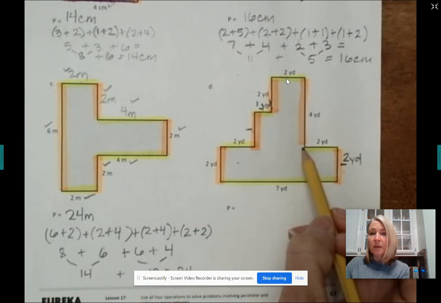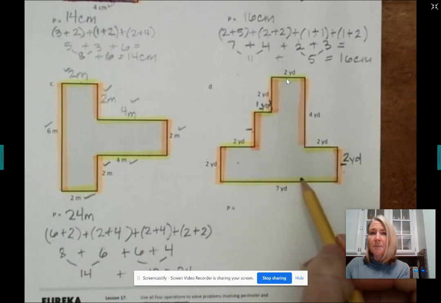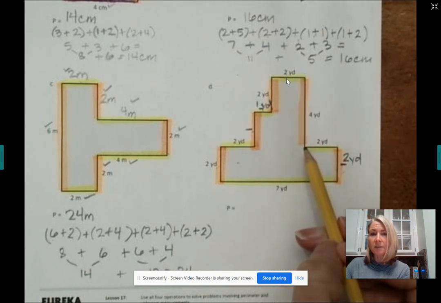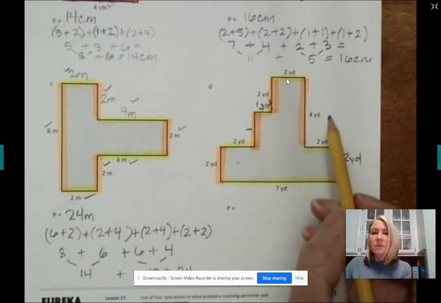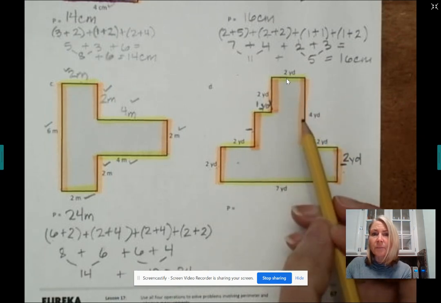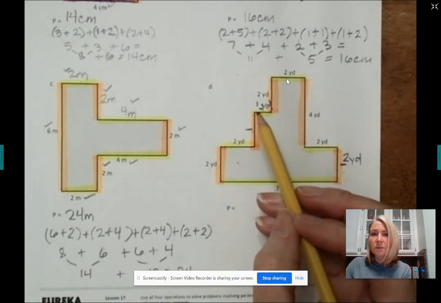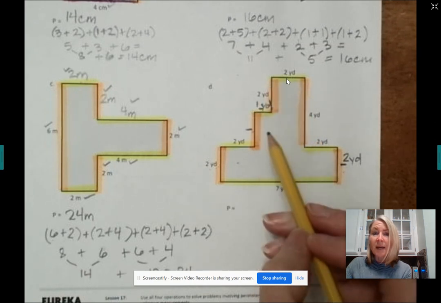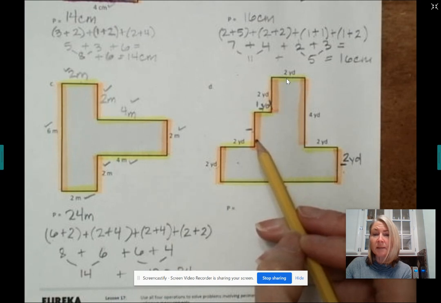Now, if this were pushed in, I could see that it would be a total of 6. But for this particular figure, I don't really need to do that because I have this nice long line that is equal to 4 yards. So this 4 yards, when I'm looking across this way, I can see that this side length is 2, and this is the last one I have missing.